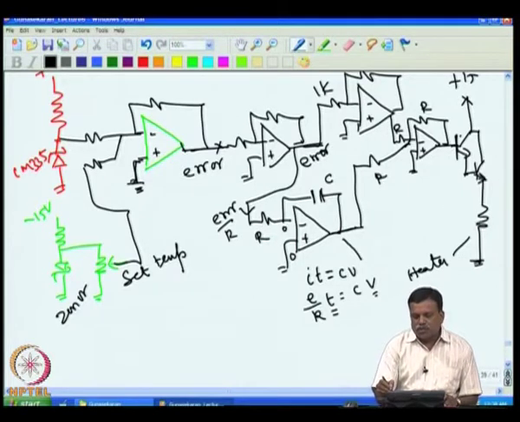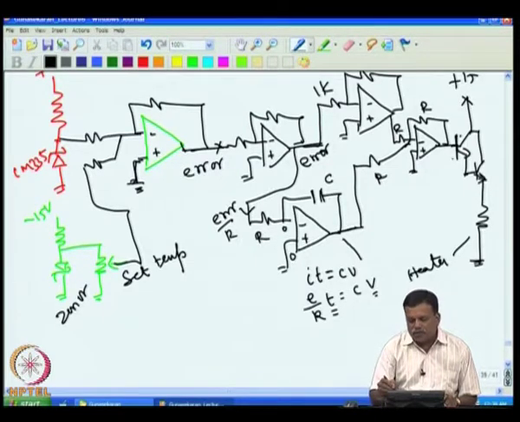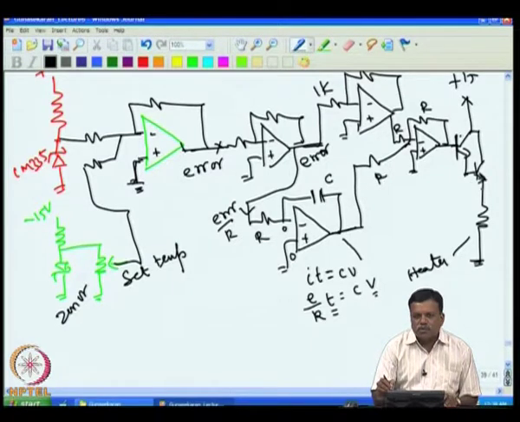That means 1 degree change should give me here 20 volt change, because 1 volt change here we have said is producing 5 degree temperature change. That means, to change 100 degree temperature here, I need to have 20 volt change here.